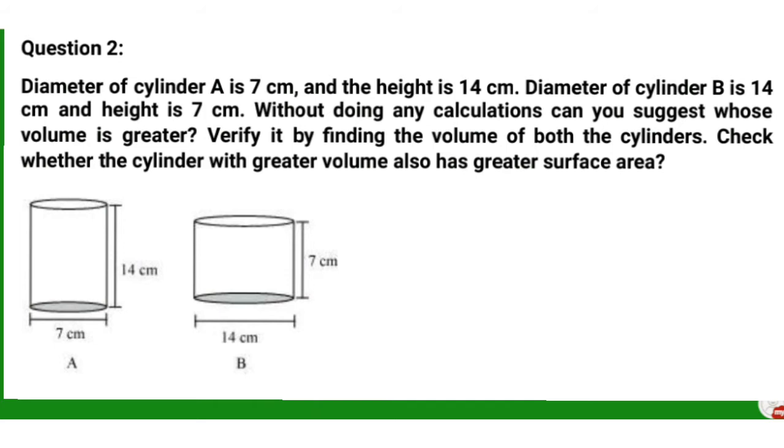We have to guess by seeing the dimensions which one is going to have the larger volume, and verify it by finding the volume of both cylinders. Then compare the volumes by actually finding them. Next, check whether the cylinder with the greater volume also has the greater surface area. After finding the volumes, you then have to find the surface area. So both volume and surface area you have to find.